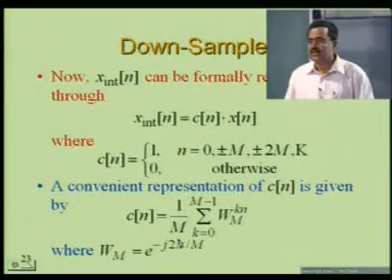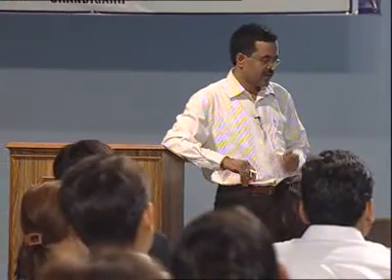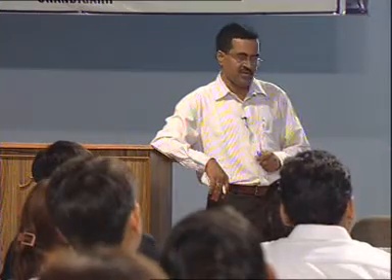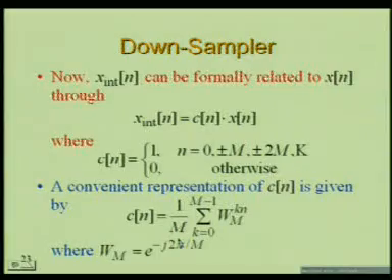Now, x_int[n] can be formally related to x[n] through x_int[n] is equal to c[n] x[n], where c[n] is defined this way: c[n] is equal to 1 for n is equal to 0, plus minus M, plus minus 2M and so on, 0 otherwise.